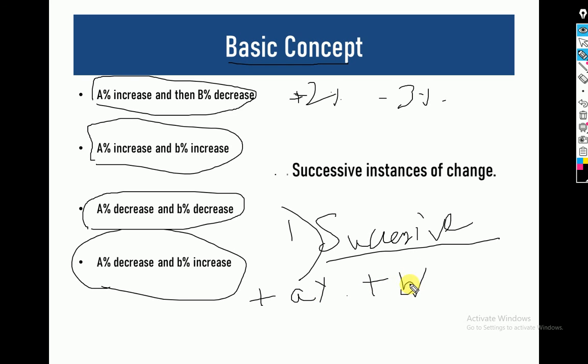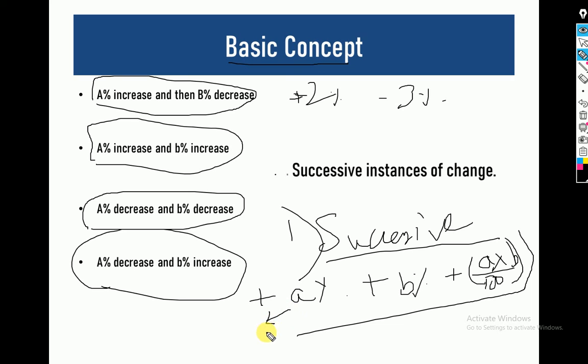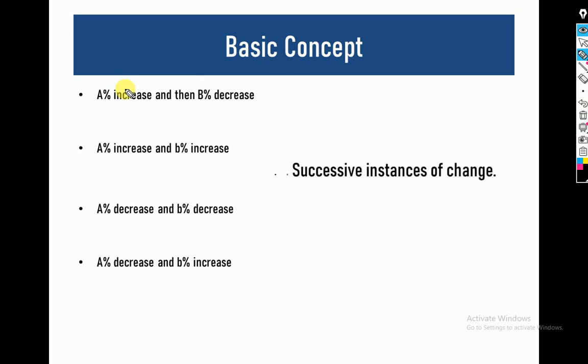So successive has a general formula, that is a percentage plus b percentage plus a into b by 100. So this is the general formula when both the changes are positive, means a percentage is increased and then b percentage is also increased. If I am particularly talking about this instance, this will be plus a percentage and then b percent decrease.